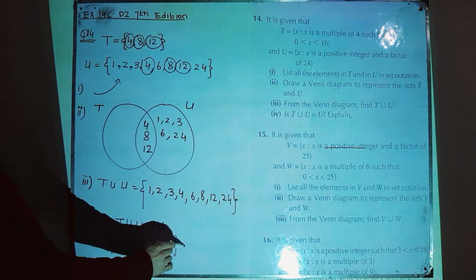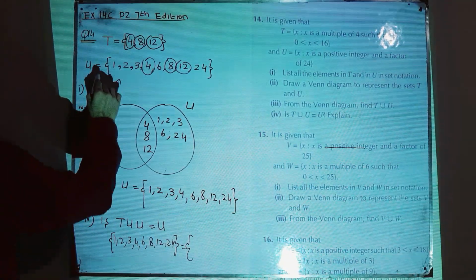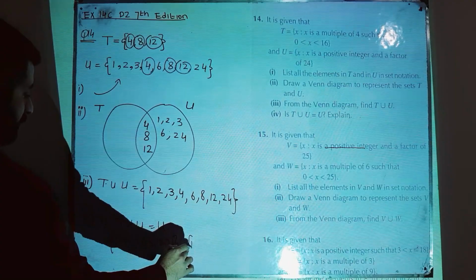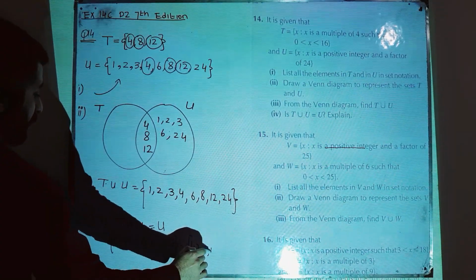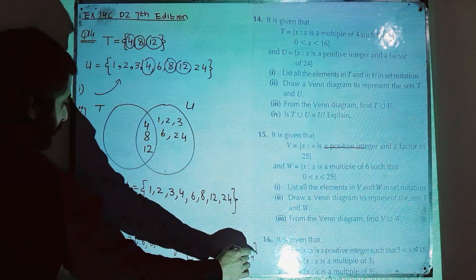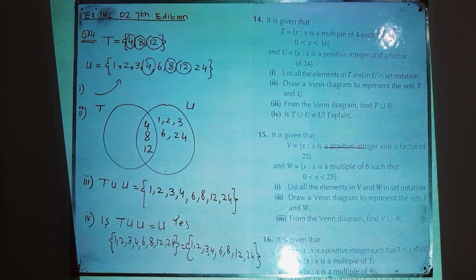So that is equal to U, isn't it? Yes, that's it. It is equal to U. So T union U is equal to U. That is 1, 2, 3, 4, 6, 8, 12, 24. So your answer is yes, they are equal. So this is the solution for question number 14.